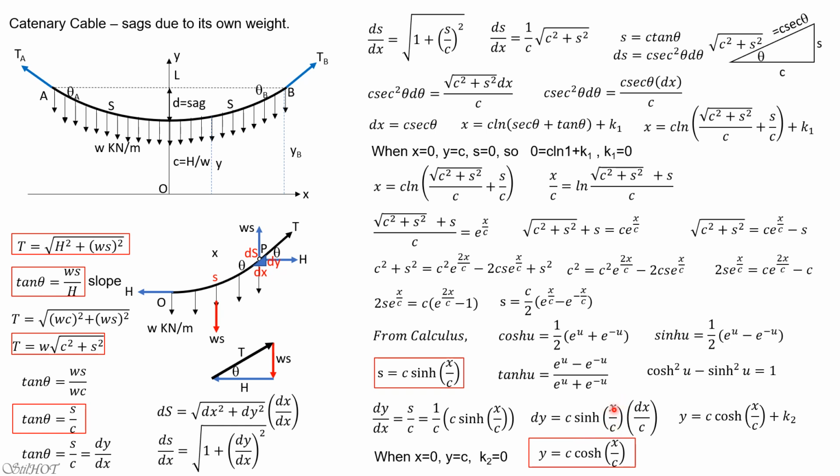The differential of x over c is 1 over c differential of x, or dx over c, so that you can imagine that the right side is sine hyperbolic of u differential of u.